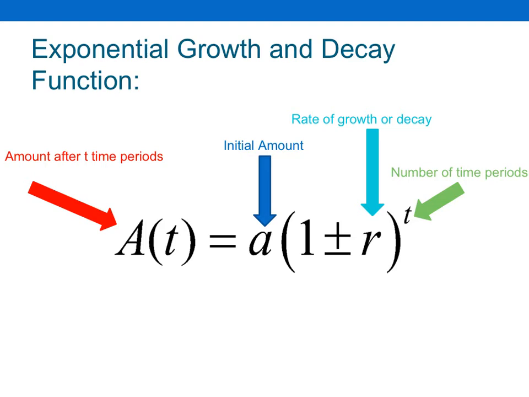It's kind of like if you were to calculate tax at a store: it's $10, and if I multiply that by 0.0775, or whatever the tax rate is, I would get what the tax is. But if I did times 1.0775, I'd get what I'm actually going to owe the cashier. All right, and then t would be the number of time periods. A lot of times we'll be dealing with this in number of years.